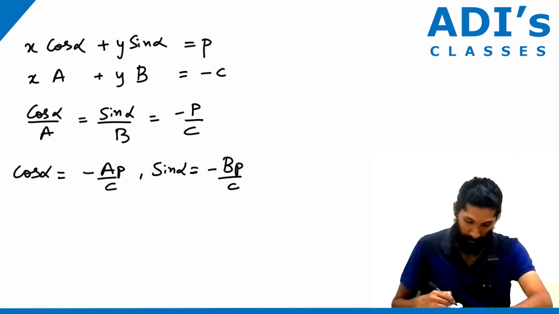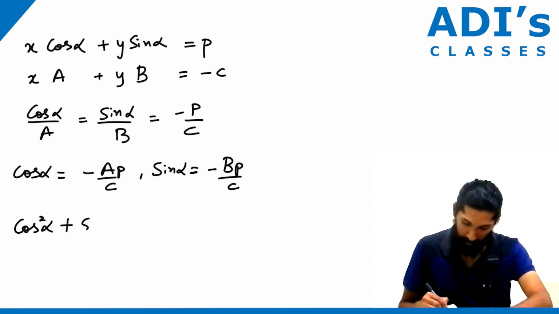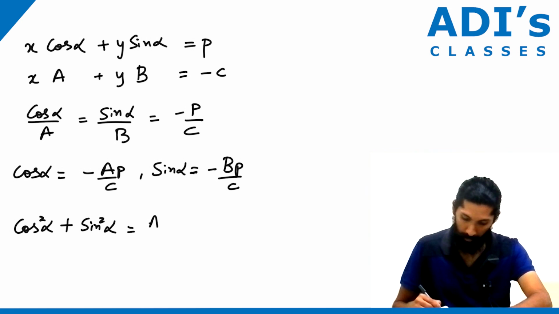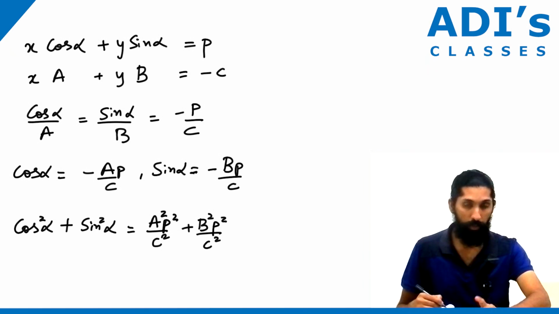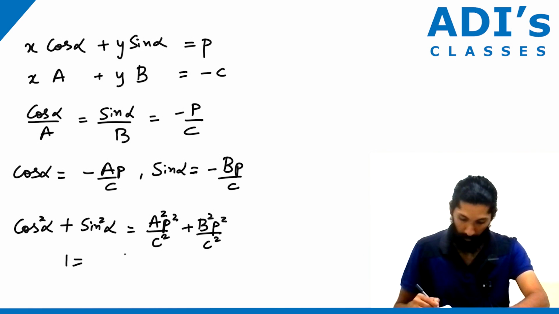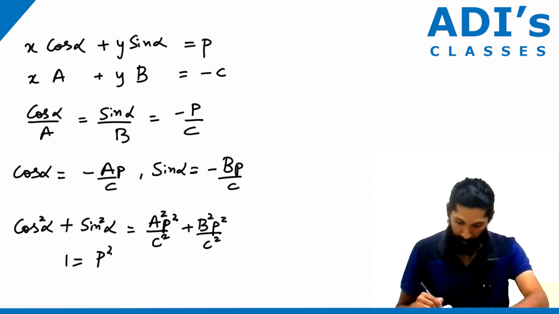That means in the LHS we'll do cos square alpha plus sin square alpha, which becomes A square into P square by C square plus B square into P square divided by C square. So what is cos square plus sin square? 1. 1 is equal to, here we can write P square by C square into A square plus B square.